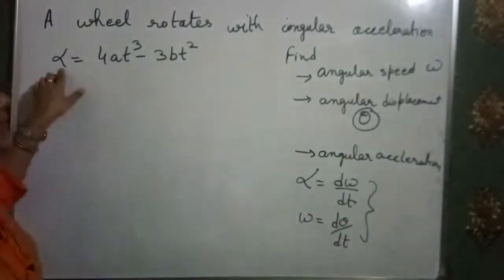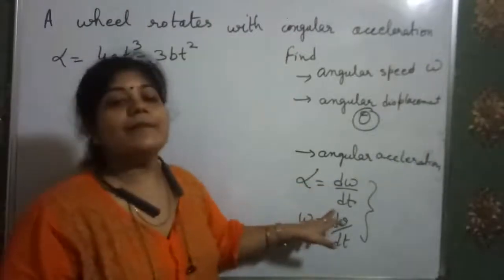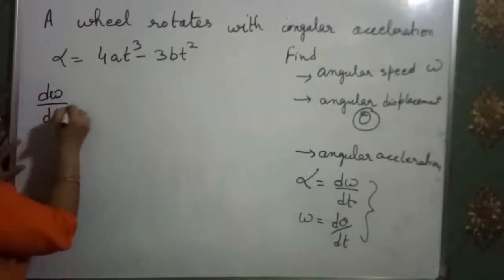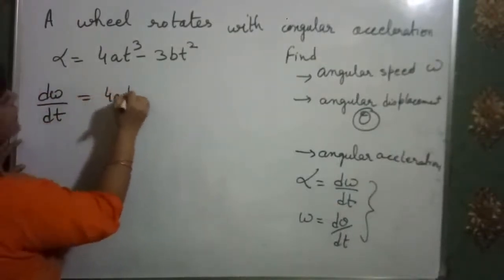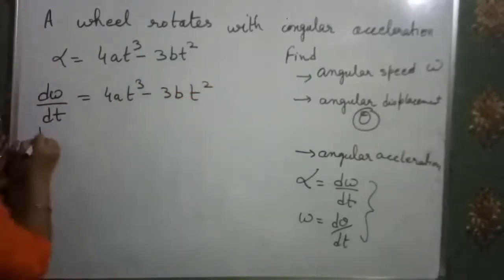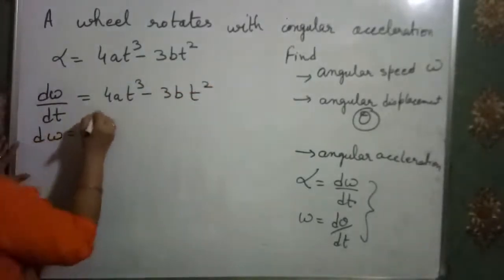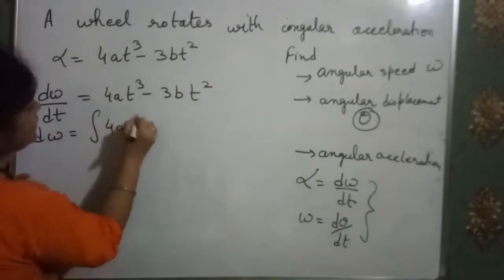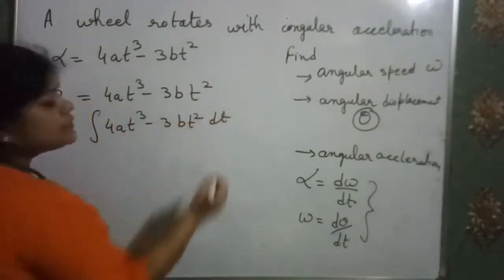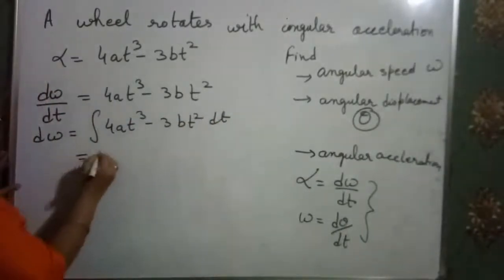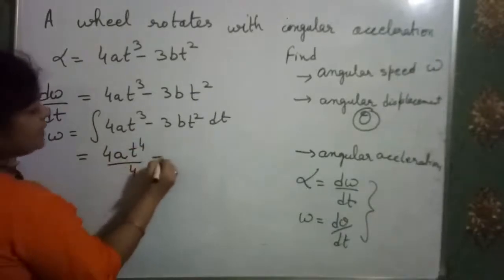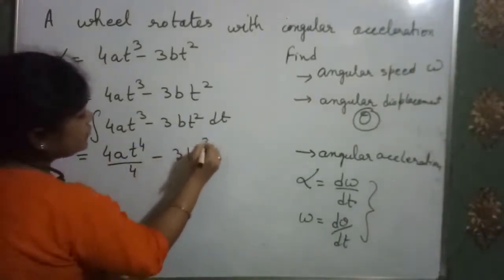So we have angular acceleration alpha is equal to d omega by dt. Put it over here: d omega by dt is equal to 4at cubed minus 3bt squared. So what is the value of d omega? Integration of 4at cubed minus 3bt squared dt. So we just integrate it. We have 4a t to the 4 by 4 minus 3b t cubed by 3.